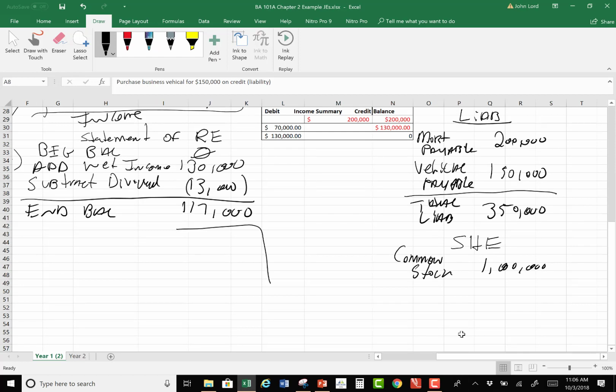I pick that up from my statement of retained earnings, and I put in my retained earnings as 117, right? And so now my total stockholders' equity is 1,117,000, isn't it?